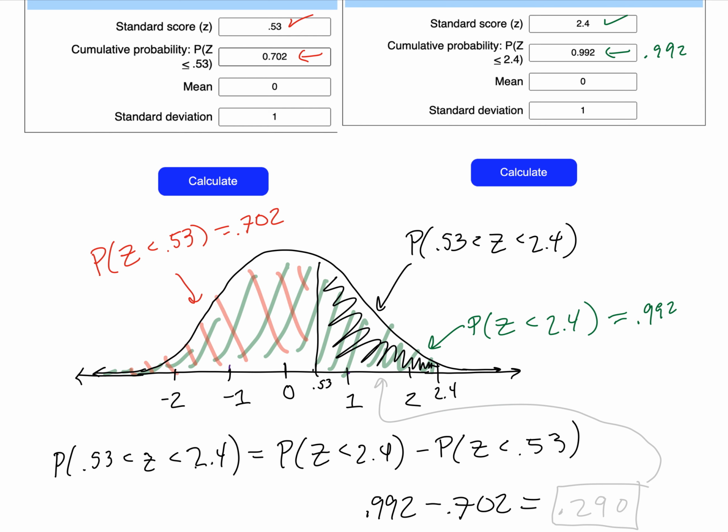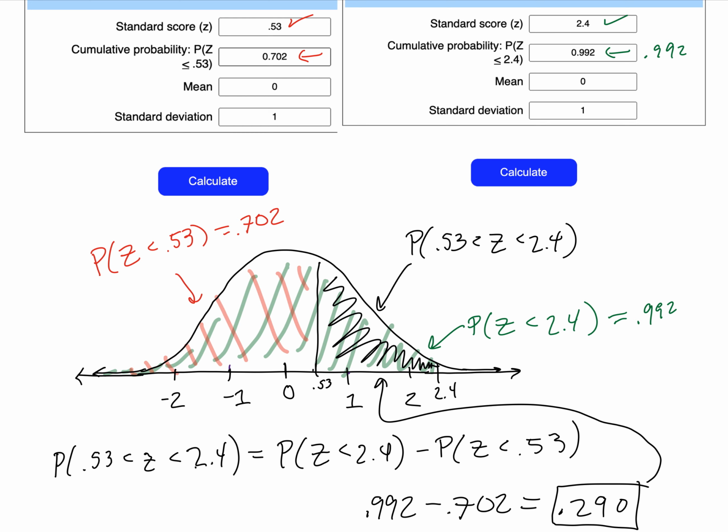And so when we subtract, we'll get 0.290. So 0.290 is the area shaded in black. That's the probability we're interested in. And anytime we want the probability that a data value is between two values in the normal distribution, we find the larger probability and subtract the smaller probability.